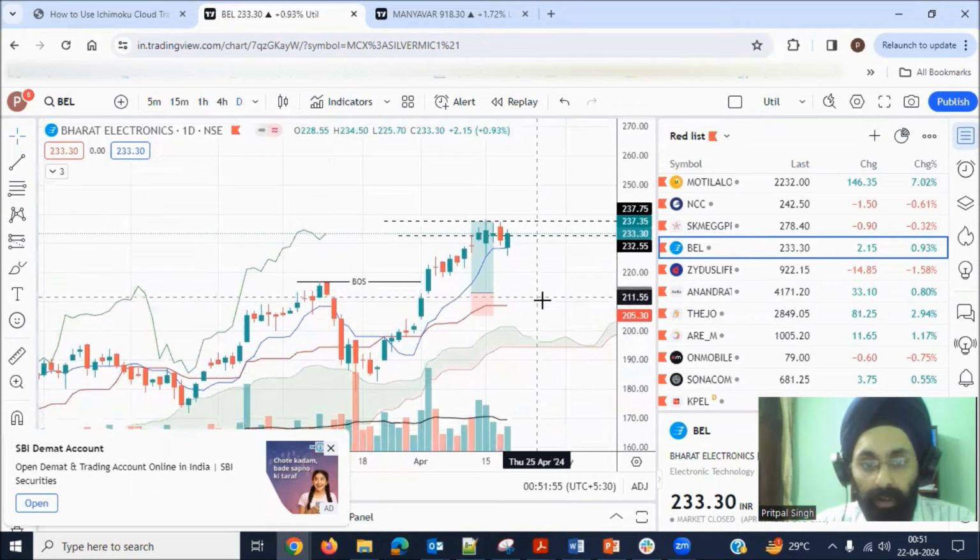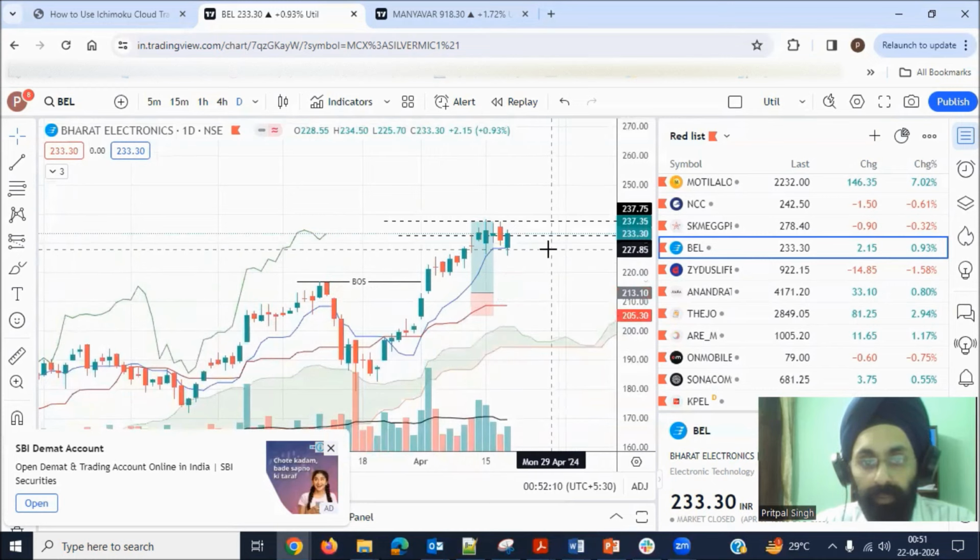Another way to trade the Ichimoku crossover strategy is to buy here and keep trailing the stop loss, because in this case there are two supports, either the Tenkan Sen or the Kijun Sen. The price is likely to get support here, like it got in this case.